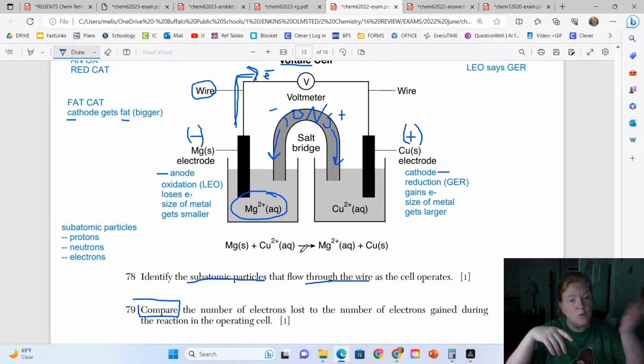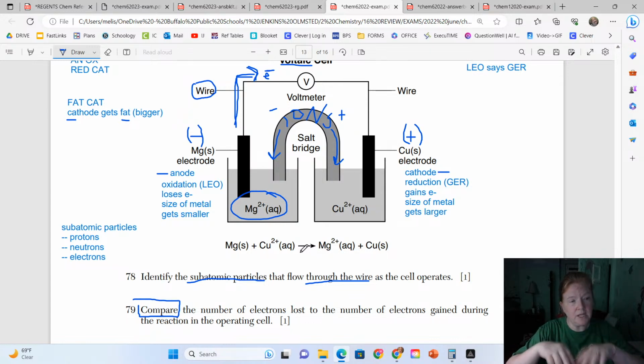Like when you say 2, you went a step too far. You don't even need to say how many. You just want to say the number of electrons lost has to be equal to the number of electrons gained. Okay? So however many electrons are lost, those are the only electrons available to be gained. So if I lose 5, I'm going to gain 5. If I lose 5 million, I'm going to gain 5 million.